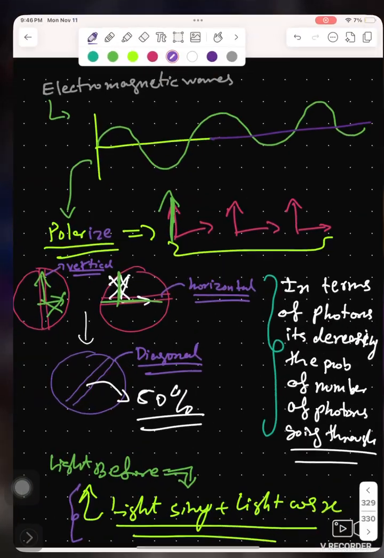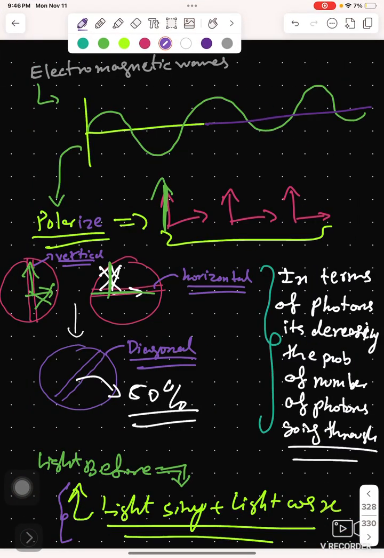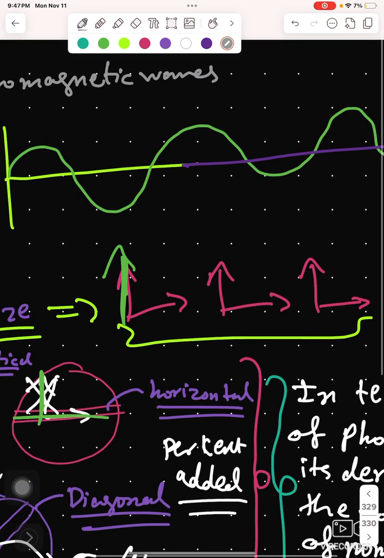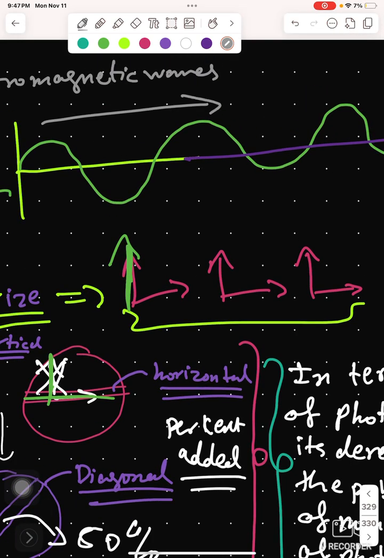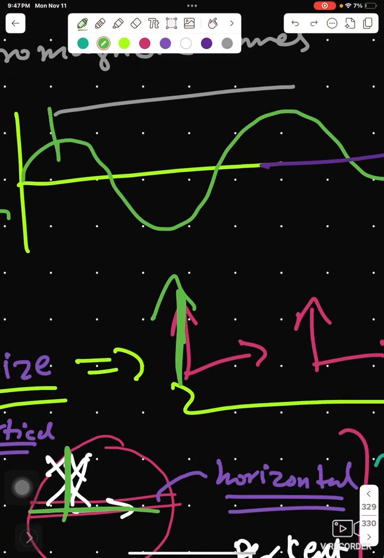In polarization, we are again coming back to percentage added. And again, oscillation. Let's study the wave as well while we're at it.